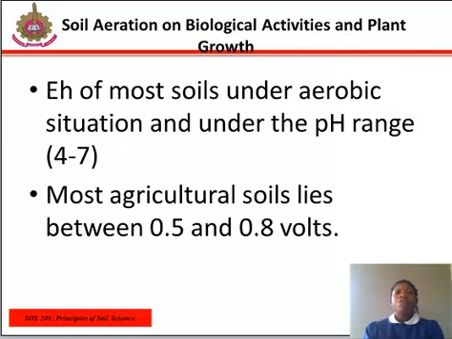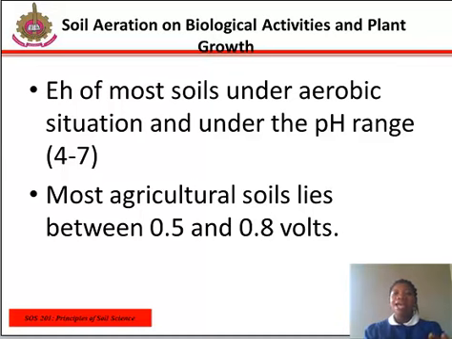The composition of soil air affects the activities of soil microorganisms, nutrient availability to plants, and respiration and nutrient uptake of crops. Aerobic soil microorganisms absorb free oxygen through the very efficient cytochrome oxidase enzyme system.